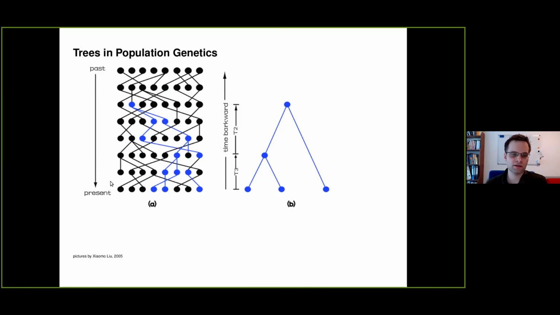So here's the Wright-Fisher model shown, where at the present, each dot represents an individual, and then each individual chooses a parent of the former generation randomly, and then we trace back the parents of those, so the ancestors, by tracing back those. And at some point, two individuals choose the same parent.